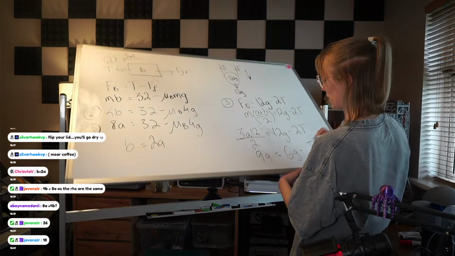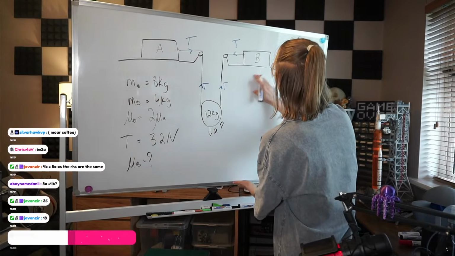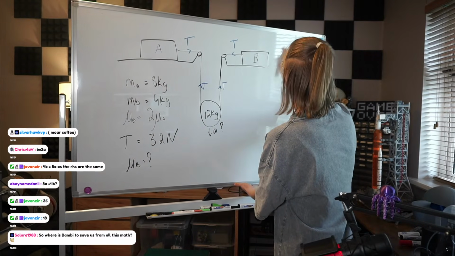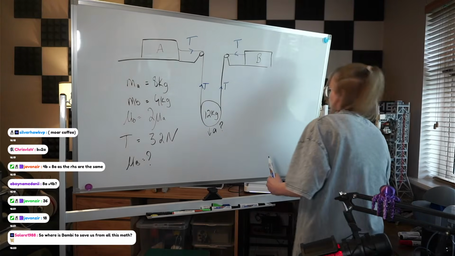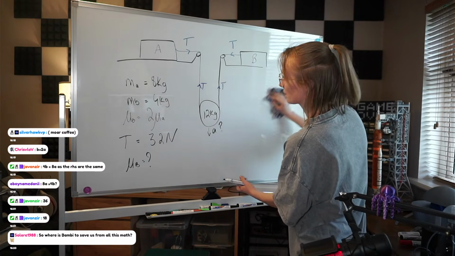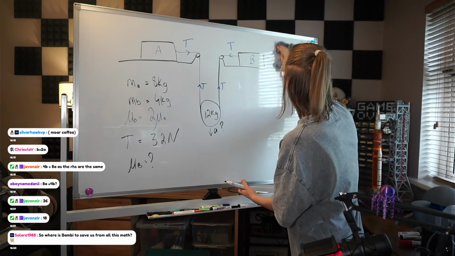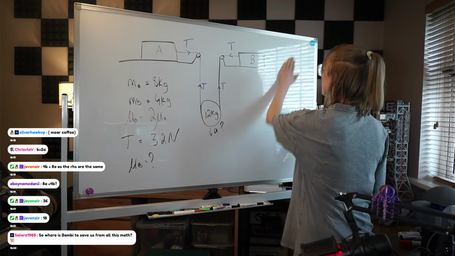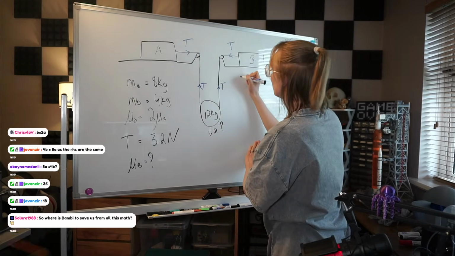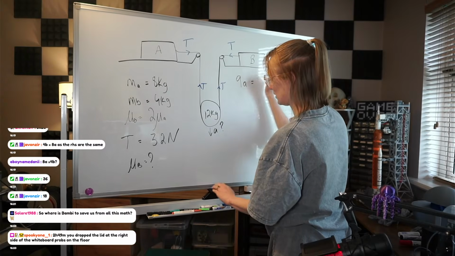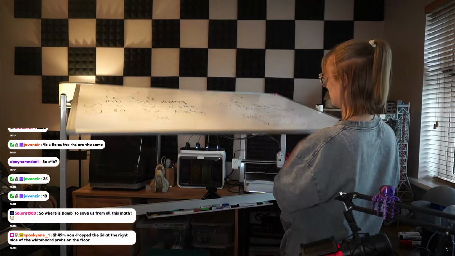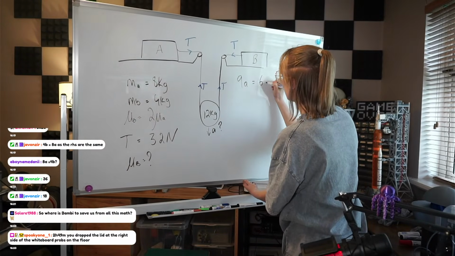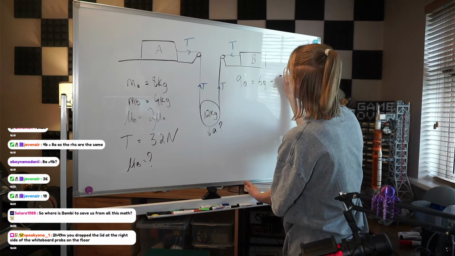So if we look at this equation, 9a, oh, sorry, it's taking a while to dry. Because we have the tension, we can solve this. 9a is equal to 6g minus 32.